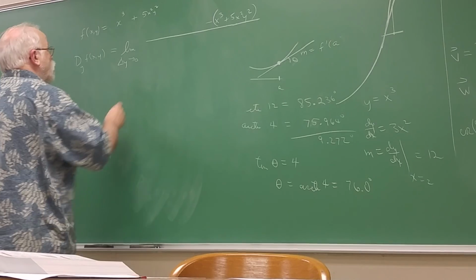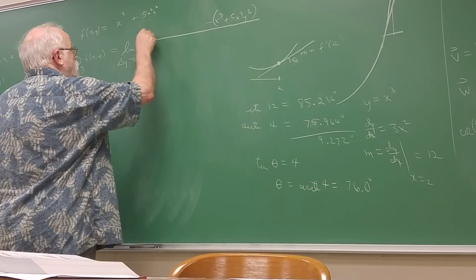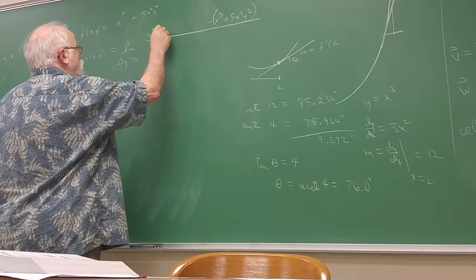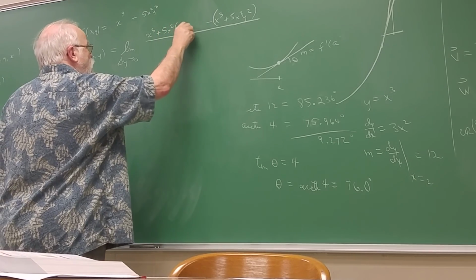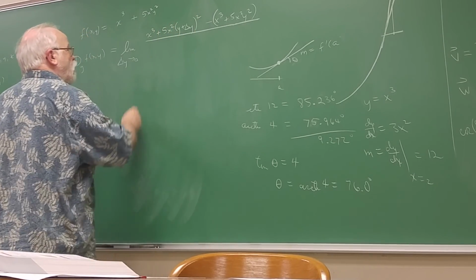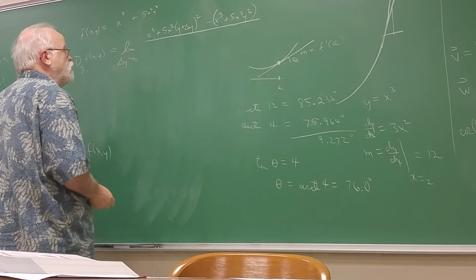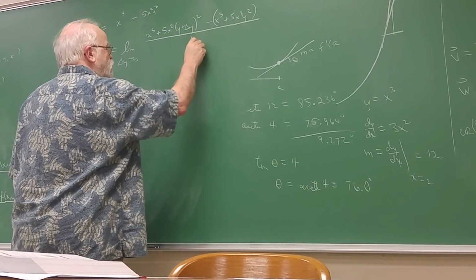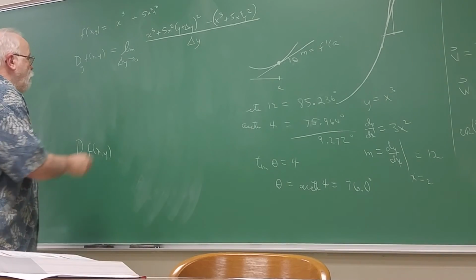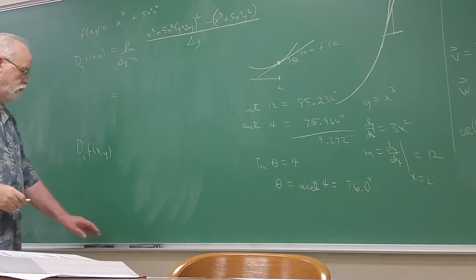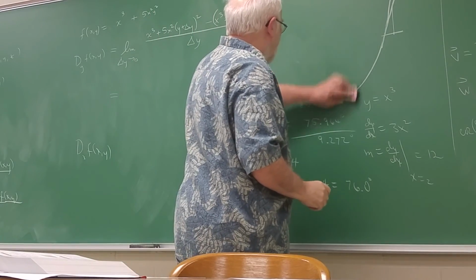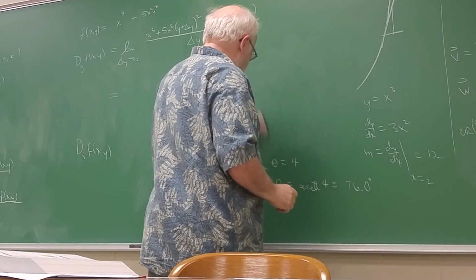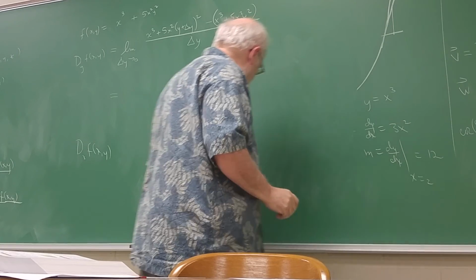And then here, we're going to have x cubed plus 5x squared times y plus delta y squared. And I don't guess we need parentheses there, but anyway, delta y. And it's a polynomial, for goodness sake. I mean, this can't be that bad. So I just multiply it out.